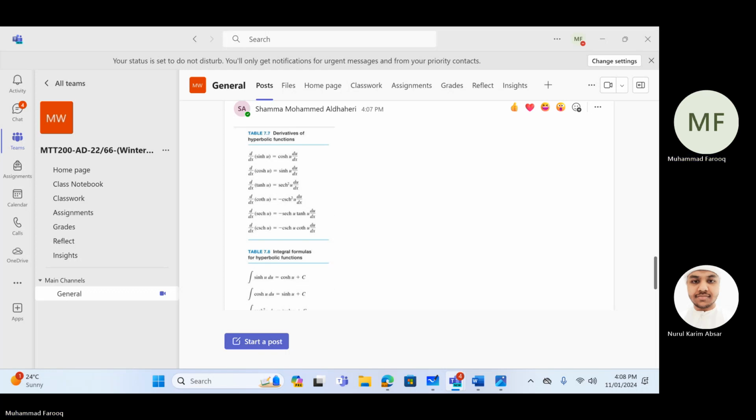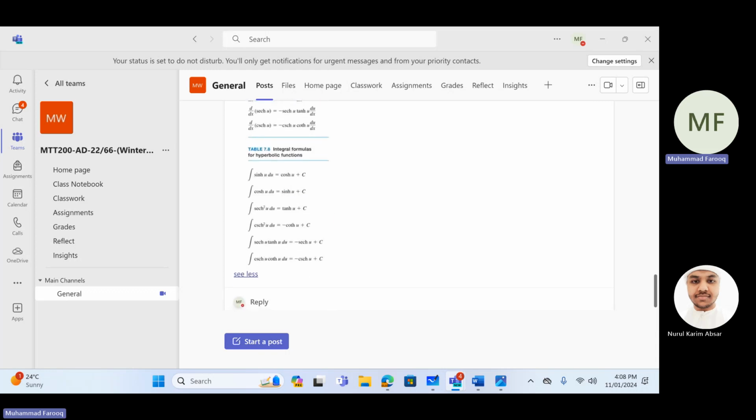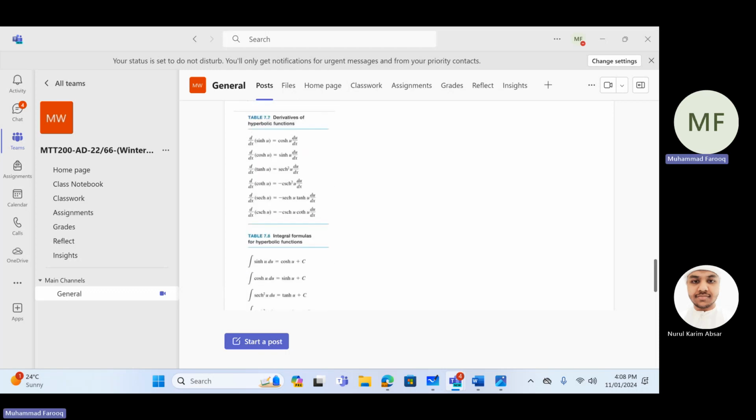Similarly, you have integration rules for hyperbolic functions. Before it was tables 7.3 and 7.4, now 7.7 and 7.8. So how many tables? Four tables are now part of your exam, and we provide them, so no worries.